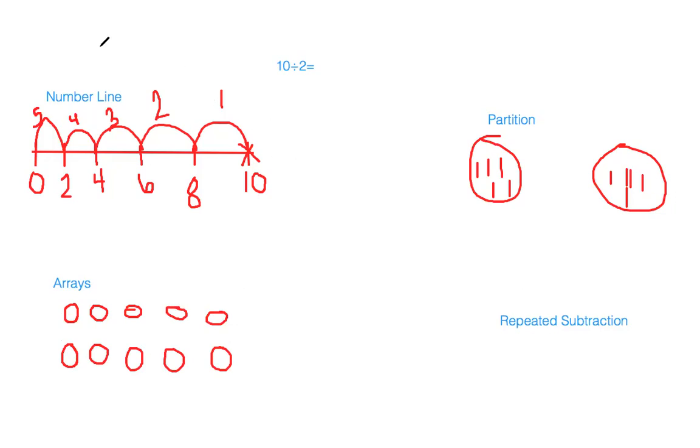The last one is repeated subtraction. I'm going to move this guy up so you have some more space. And so with repeated subtraction, I'm going to start with 10, and I'm going to repeatedly subtract 2 over and over again until I get to 0.